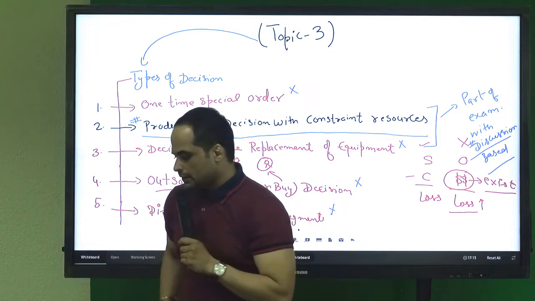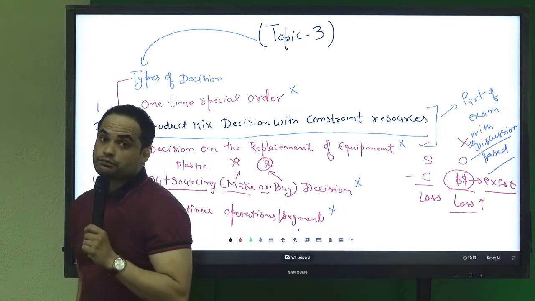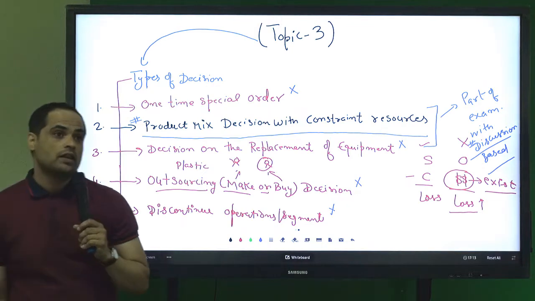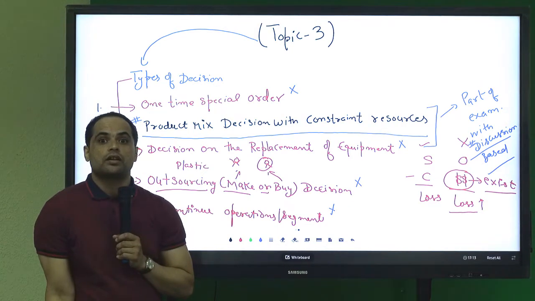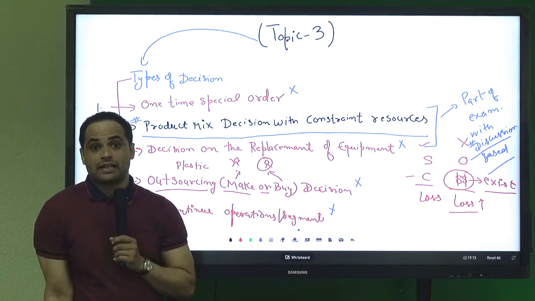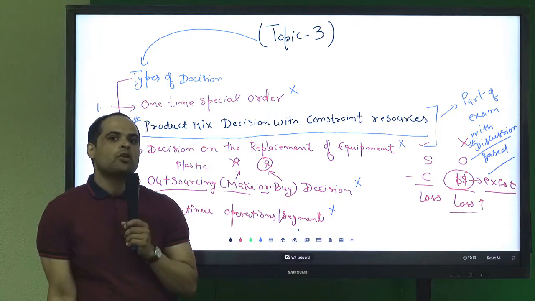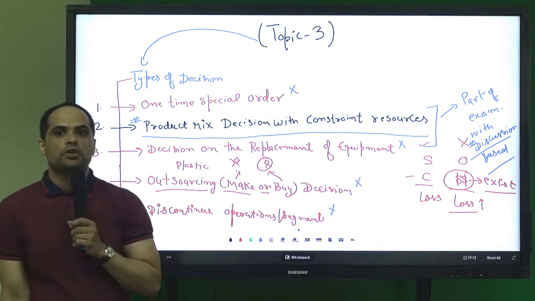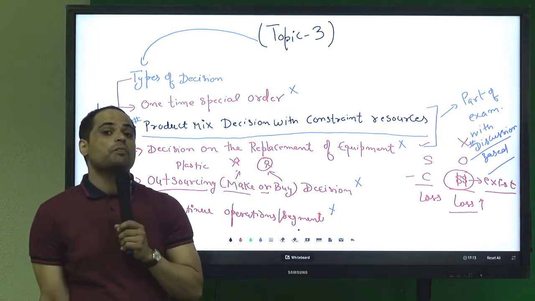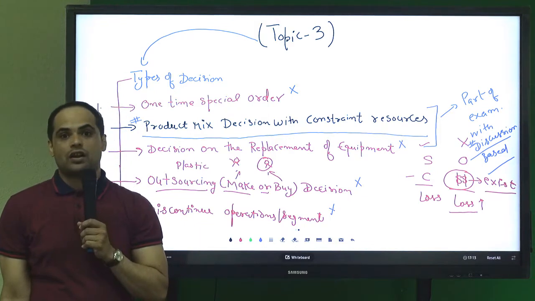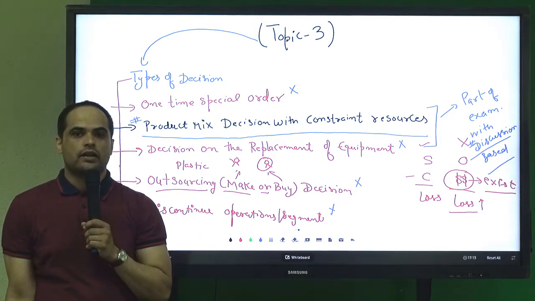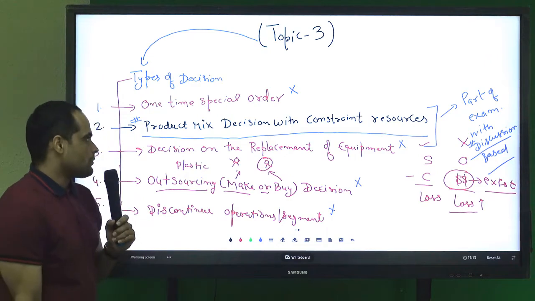For example, Apple company, which produces iPhone, Apple TV, iWatch, iPods, and so on. So this is an example of the product mix, when a company produces different kinds of products, and these products are not the same in nature. All right, that's called the product mix.